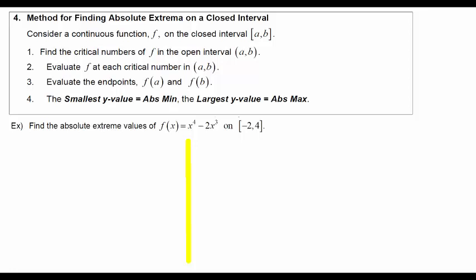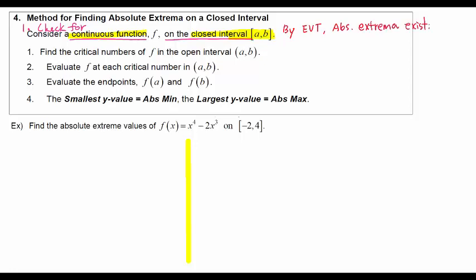So therefore, we cannot use this method. So the first step should be to check for a continuous function on a closed interval. And if you do have a continuous function and what's given is a closed interval, then you can say by EVT, the extreme value theorem, absolute extrema exist.